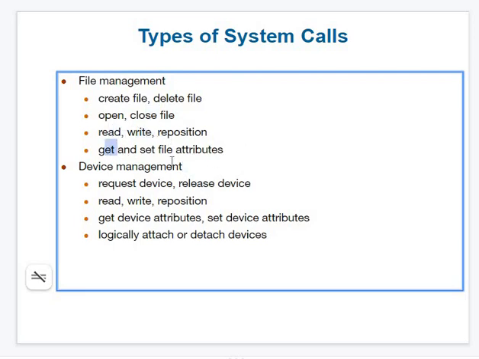Then get and set of file attributes. Attributes means permissions, whether a person is allowed to use or not allowed to use. If allowed to use, only for read or only for write or both for read and write, etc. Like that, for every action whatever we wanted to do in the computer, there is an inbuilt system call.